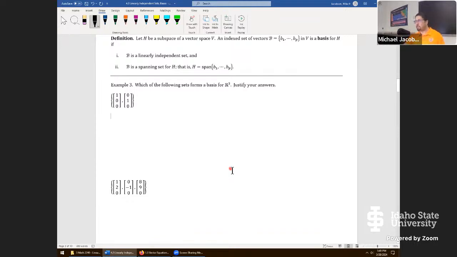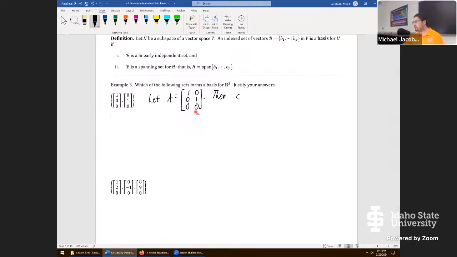So the justification depends on how much writing you want to do. You could make this kind of fast. You could say let A be 1, 0, 0, 0, 1, 0. Then you could also say the columns of A do not span R3 because there's not a pivot in every row, like you said. But you can make that statement even faster.